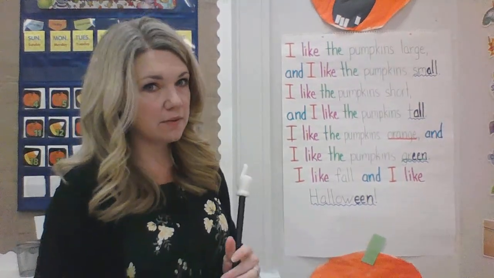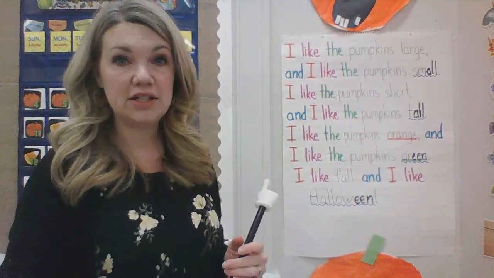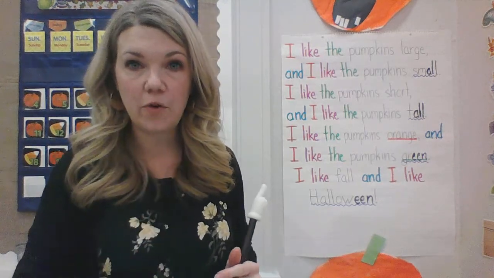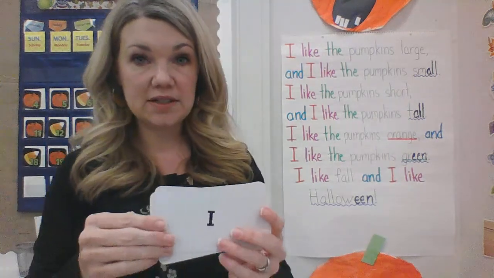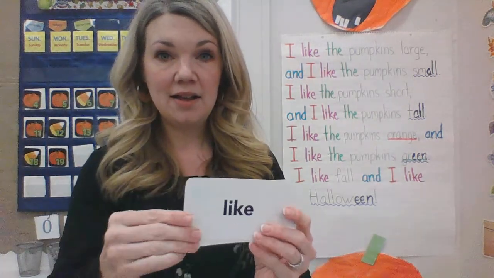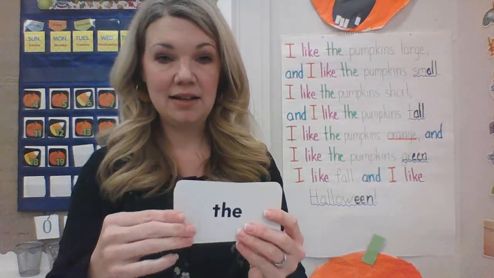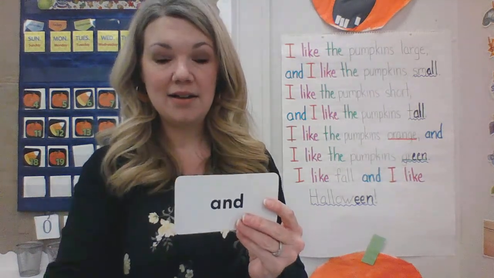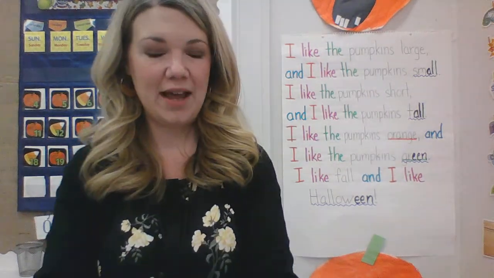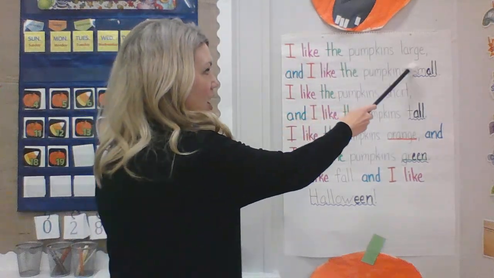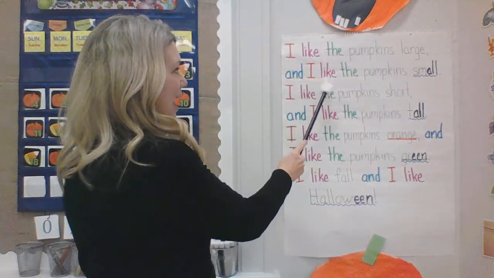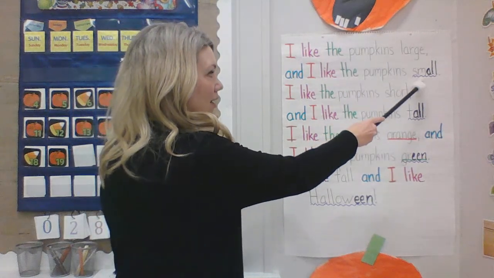All right, my friends, let's look at our fun new rhyme this week. I wrote a new one for us. It has all of our sight words in it. So let's look. I'm going to read it to you. I want you to be looking for sight words, okay? Remember, our 4 sight words are I, like, the, and. Okay, here we go. I like the pumpkins large, and I like the pumpkins small.